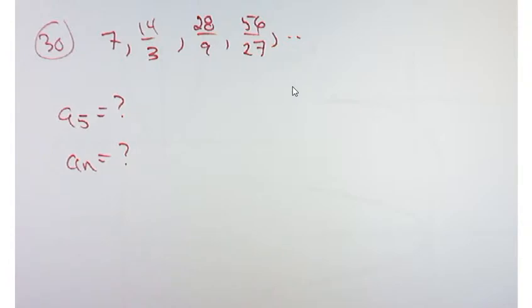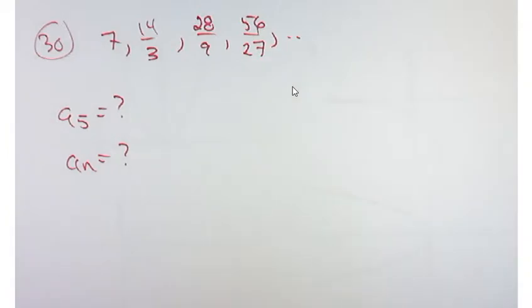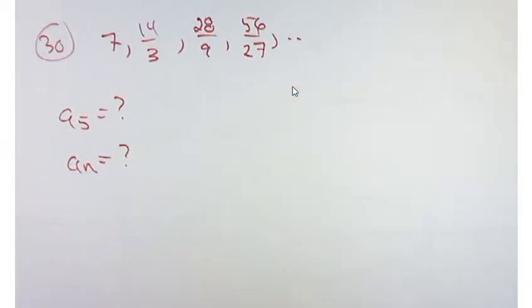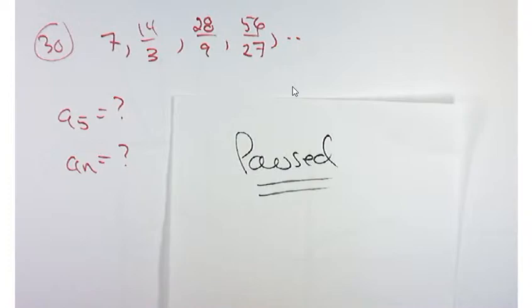So it would probably help to figure out what the general term is first, and then go back and figure out what happens when we plug in n=5 to get the fifth term. Start by trying to find r.